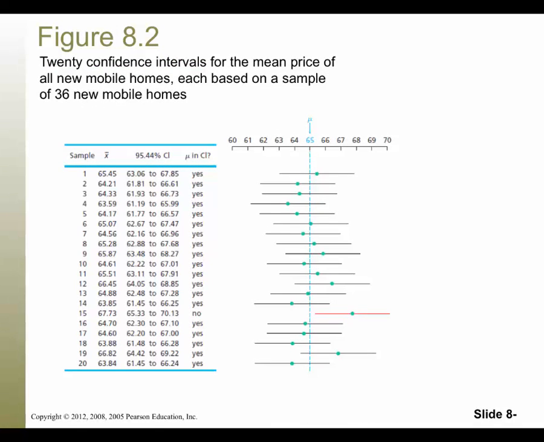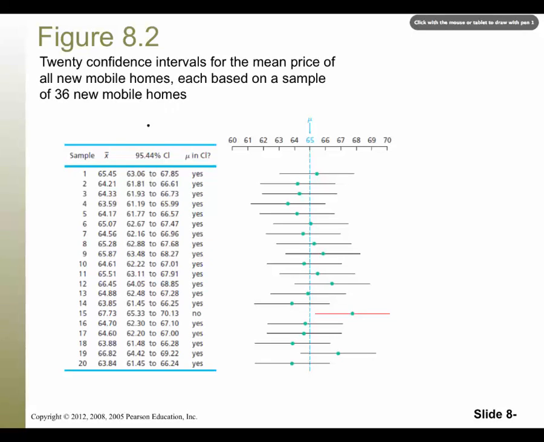Okay, so here are 20 samples of 36 homes, and here are the means of all those. For each one of those, they did the confidence interval. They added 2.4 above and 2.4 below. Is that right? Yep.